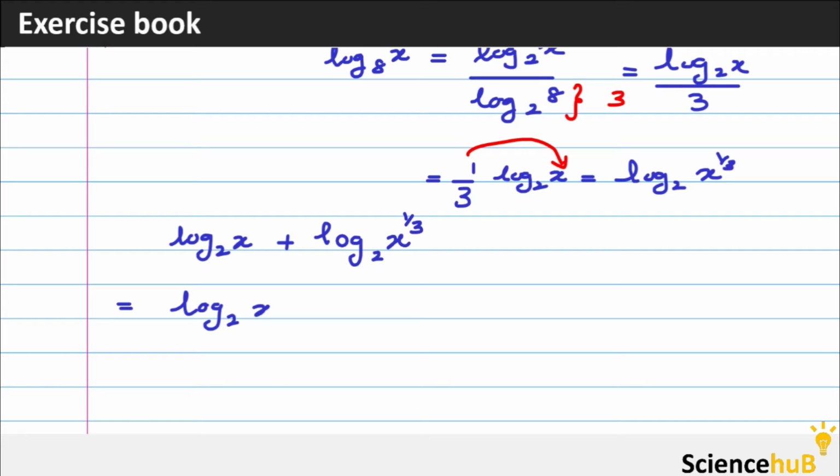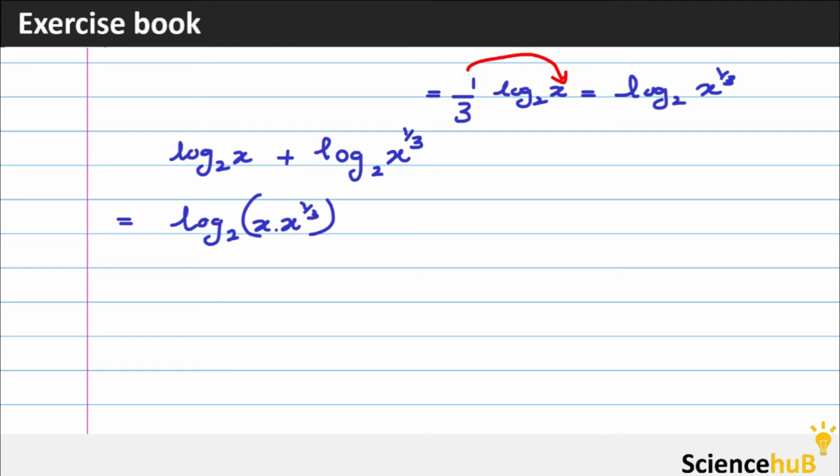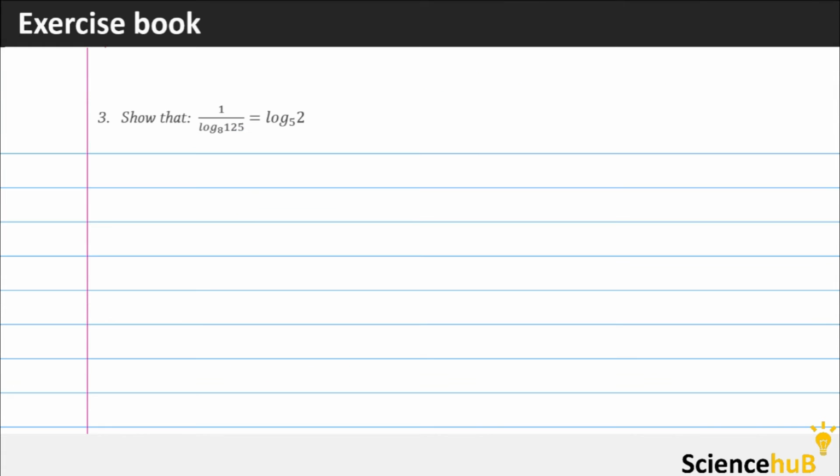We can write it as log base 2 of x times x^(1/3) as one logarithm. Now log base 2 of x^(4/3). You can take 4 divided by 3 in front, and this is the answer. Okay, let's have another 2 examples. Let's continue to the next one.